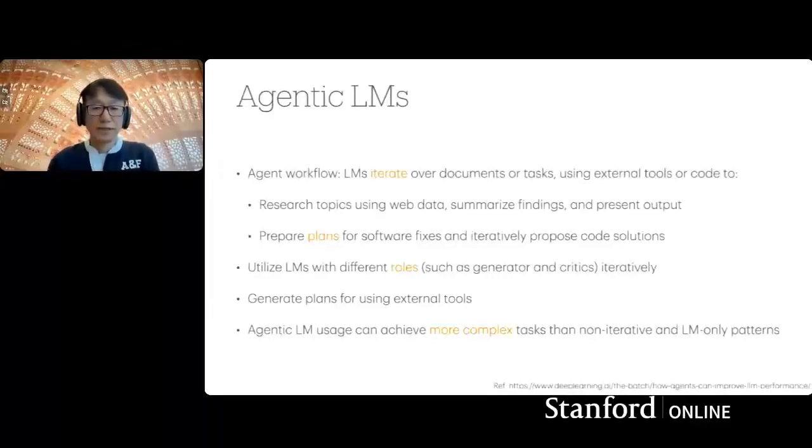As an example, if you want to do some research on certain matters, you could prepare your agent to do a web search or a different type of search, keep summarizing, iteratively, and finally prepare the report for you or your system.